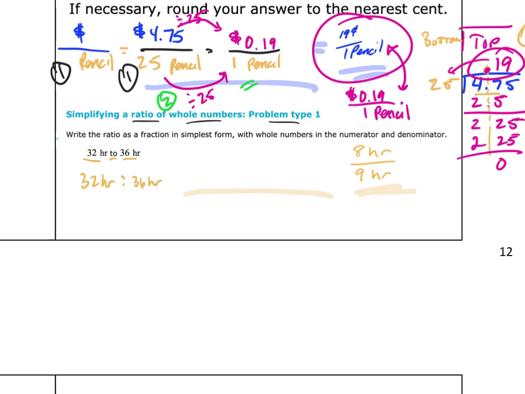This one is always the top, and this one is always the bottom. In a fraction, we would call this the numerator, this the denominator. But these are ratios, which are different than fractions. All fractions are ratios, but not all ratios are fractions. So we start out, and they give us 32 hours to 36 hours.